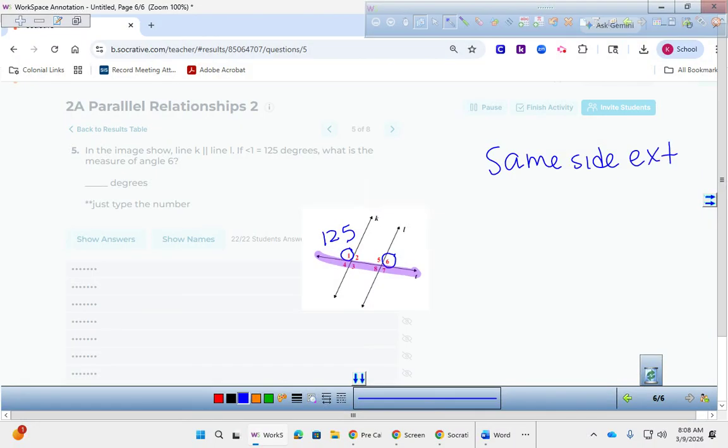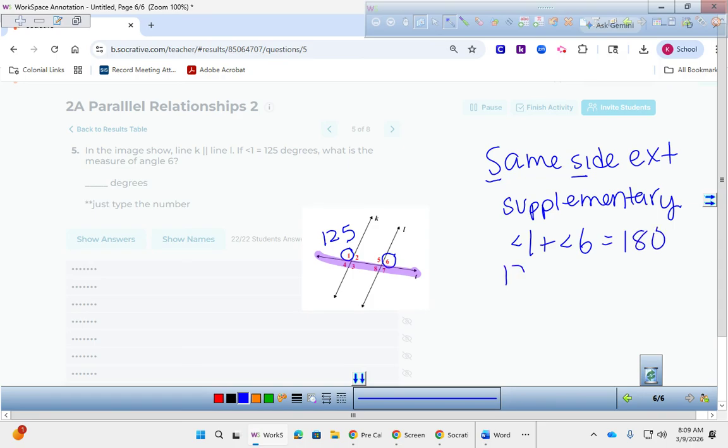And same side is supplementary, meaning that these 2 angles add together to equal 180 degrees. So angle 1 plus angle 6 equals 180 degrees.